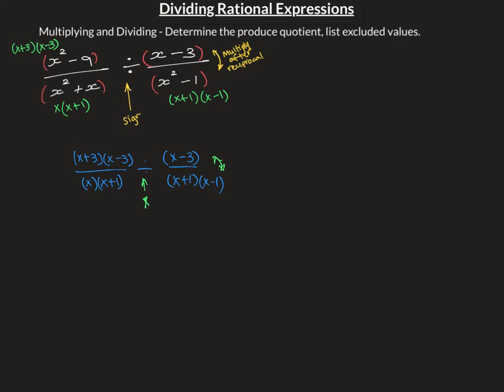So this will become x plus 3 times x minus 3 divided by x times x plus 1, multiplied by x plus 1 times x minus 1 divided by x minus 3. Now remember, now that we've got the multiply out, multiply is just straight across.